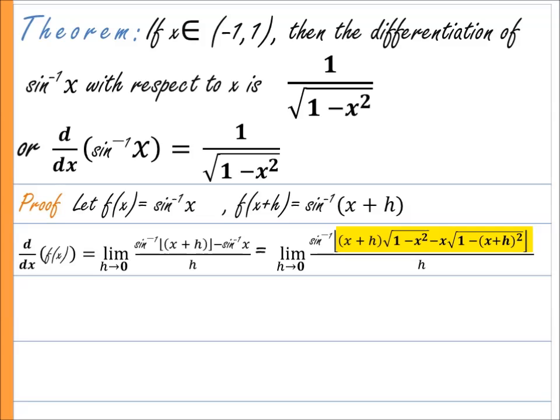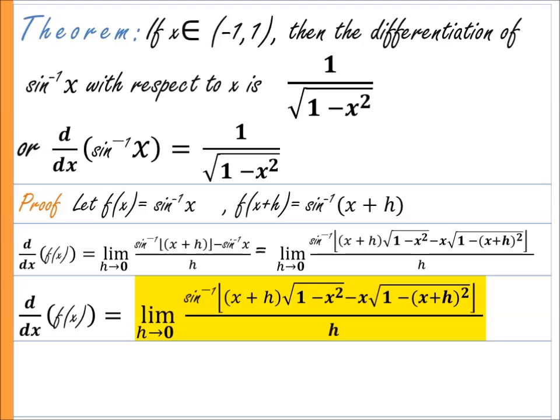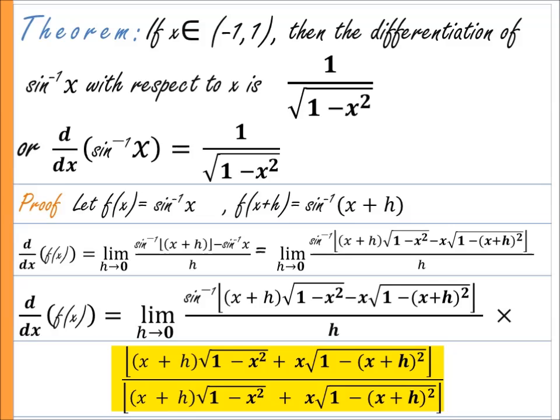So now this limit becomes limit h approaches 0, x plus h into square root of 1 minus x square minus x into 1 minus x plus h whole square, divided by h into x plus h into 1 minus x square plus x into 1 minus x plus h whole square, divided by x plus h into square root of 1 minus x square plus x into square root of 1 minus x plus h whole square.